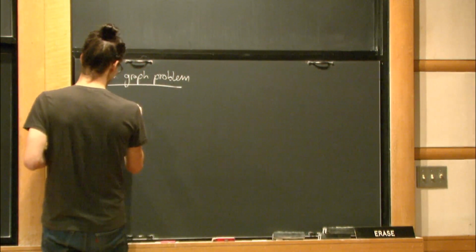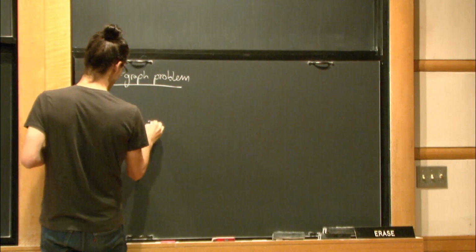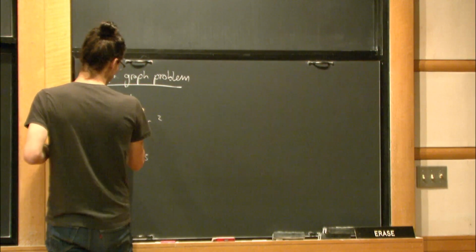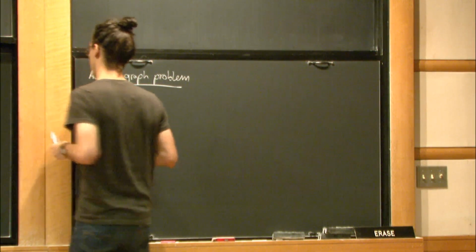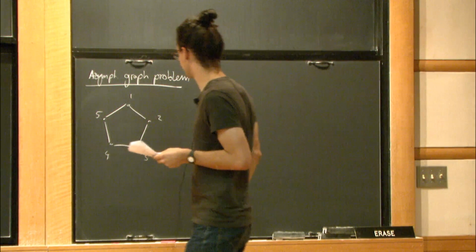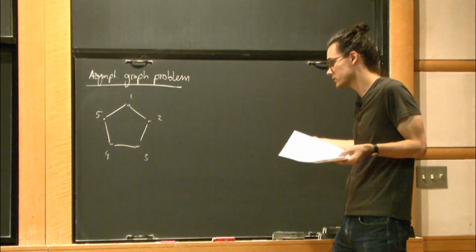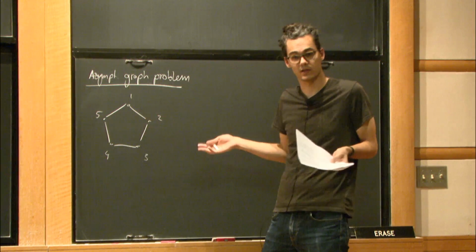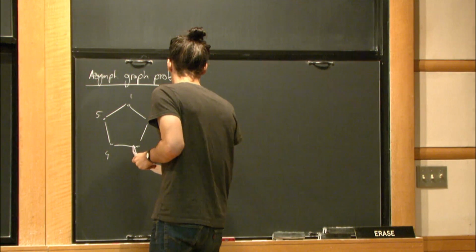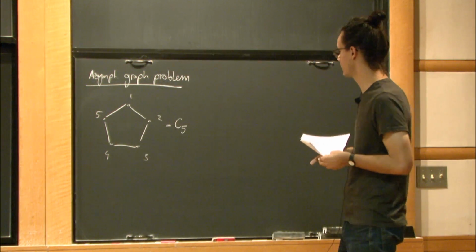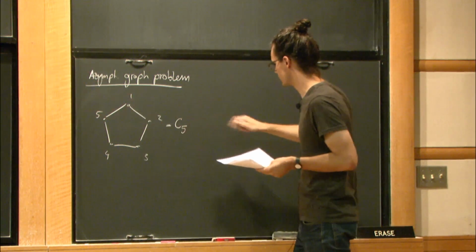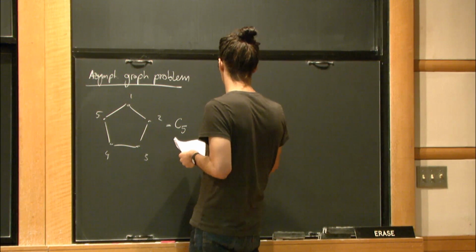So I have a graph with vertices labeled by the inputs, 1, 2, 3, 4, 5, and I connect them whenever they can be confused in the output. And then the goal is to find a subset of the vertices that's independent. So this is C5. That's the goal if you use the channel once. If you use the channel twice, then you get a new confusability graph, which I'll for now denote by C5 squared.